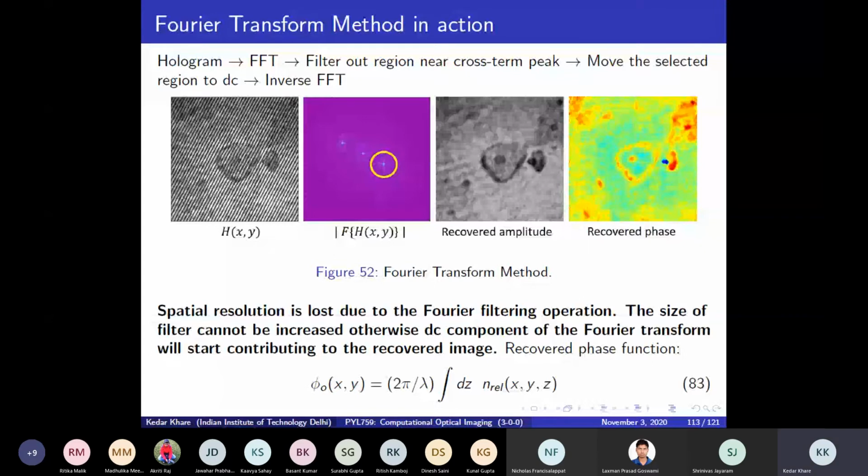So there are two aspects. There is amplitude modulation where the fringes have become dark or slightly darker, and then there is a phase modulation. If you look at these edges, you will see a slight bending of fringes. So that is the phase modulation.